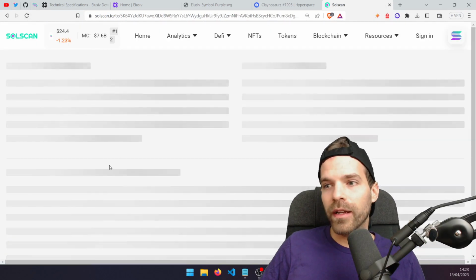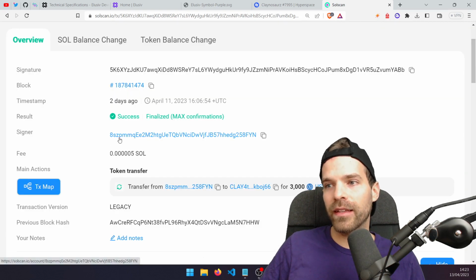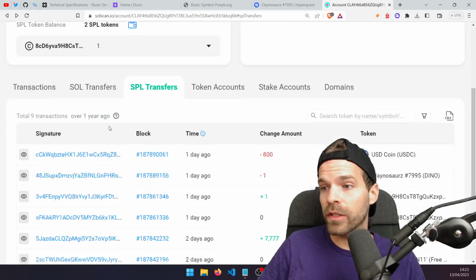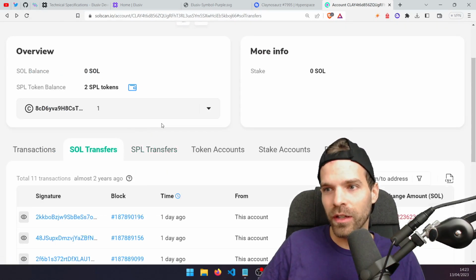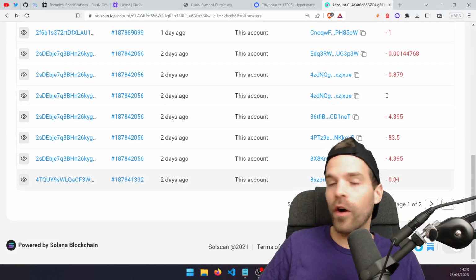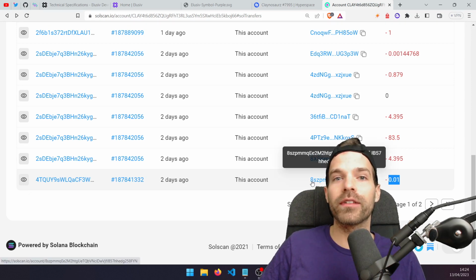Well, where does the money come from? From 8SZ. So it could be that Solandy was paid by that address. But if we have a closer look, if we look at the sol transfers, the first sol transfer of 0.01 sol also comes from this address, the 8SZ.